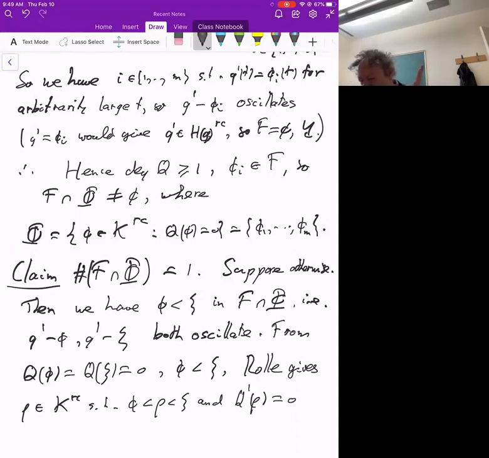Think of q as continuous functions over a real closed field, with zeros phi and xi, with phi less than xi, and then you get this.